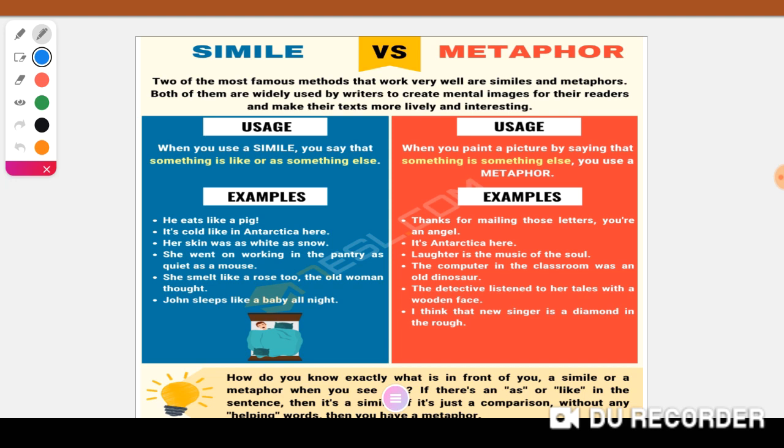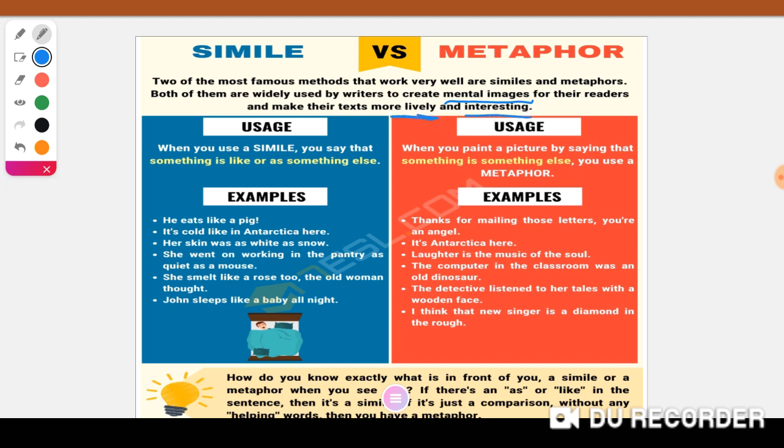As we took in class, we use them to describe and make things clear, so you'll be able to imagine how the story is actually going. Both of them are widely used by writers to create mental images for their readers and make their texts more lively and interesting.